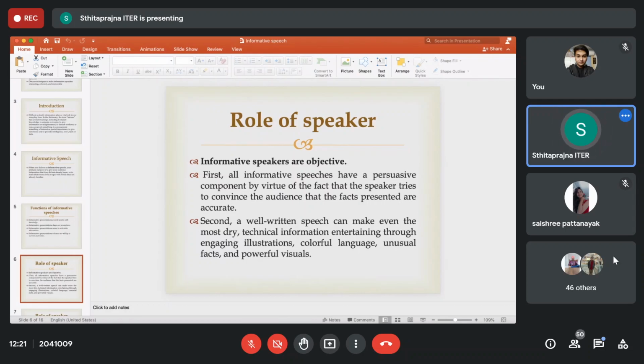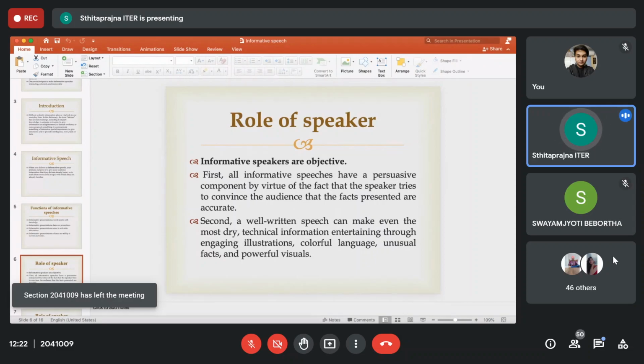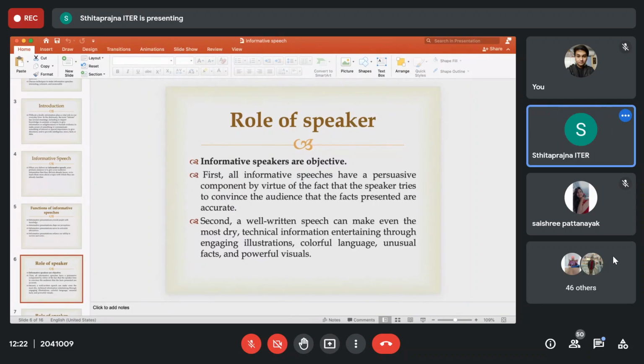Because we are simply here to give information. We are not persuading, we are not convincing our audience. See, there's a huge difference between an informative speech and a persuasive talk. In a persuasive talk, you have to make an appeal, you have to make an emotional connect with your audience. You have to arouse their emotions, their empathy. But that's not the case with informative speech. So you are going to present data which could be extremely dry.